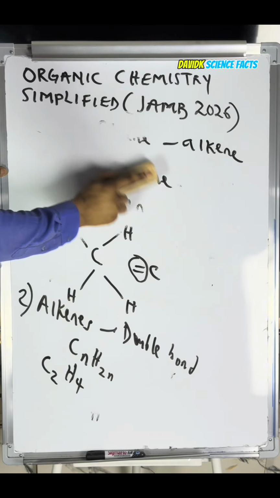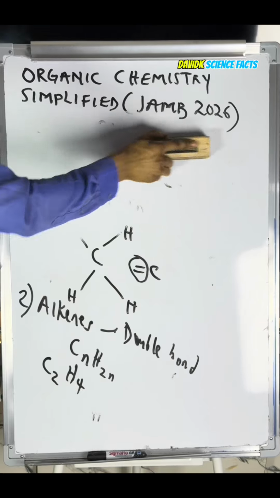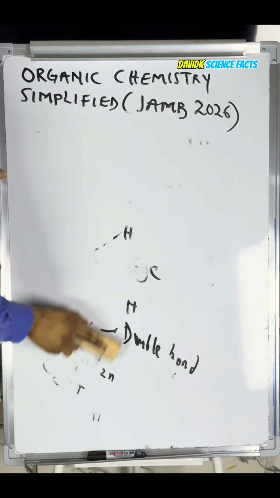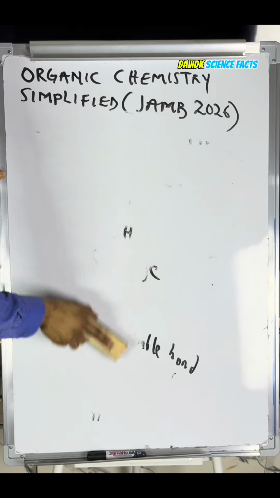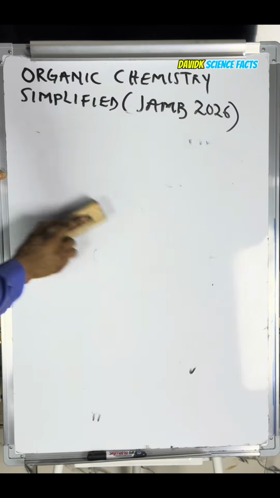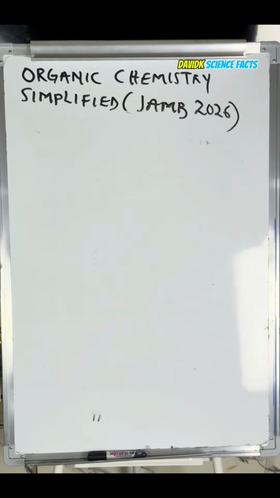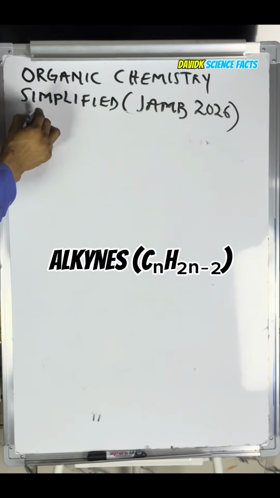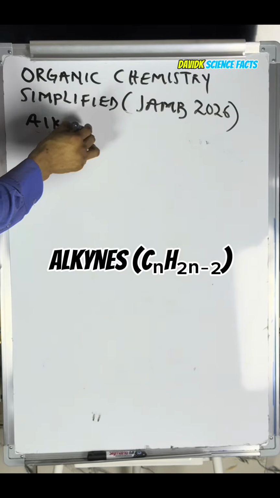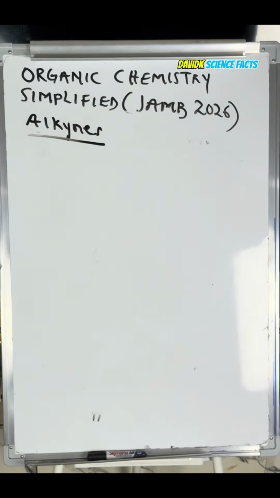The next one is alkynes. Alkynes contain triple bonds.